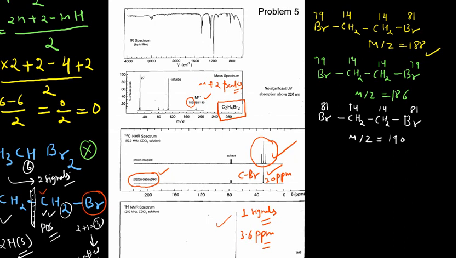Say, for example, I am cleaving this particular bond. This will go as a radical, and you are removing the bromine radical from here, and then what are you left with?